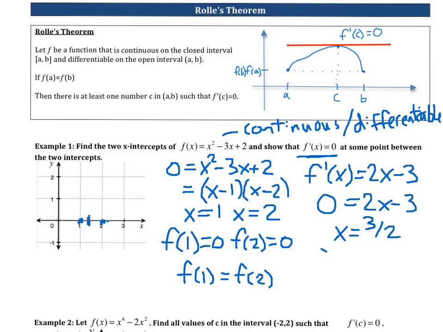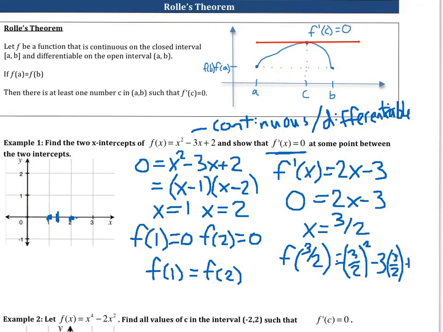So let's find f of 3 halves and just plug it into the equation. So 3 halves squared minus 3 times 3 halves plus 2. So here we get 9 fourths minus 9 halves plus 2, and that equals negative 1/4.